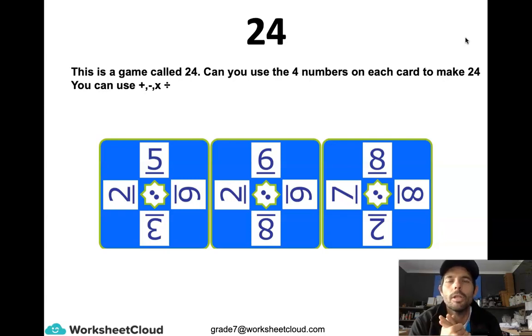And then we also looked at enlargements on a coordinate grid. And we spoke about the difference between the center of enlargement being the origin, so 0 on the x, 0 on the y, compared to other centers of enlargement. And then we worked backwards where we gave you the original image and its enlarged shape, and then we asked you what was the scale factor and where was the center of enlargement.